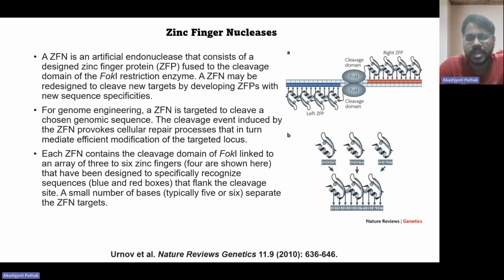Now let's talk about zinc finger nucleases. I've already discussed zinc finger nucleases in week 11, so let's understand this topic again. The zinc finger nucleases are among the different types of nucleases that you have read about.